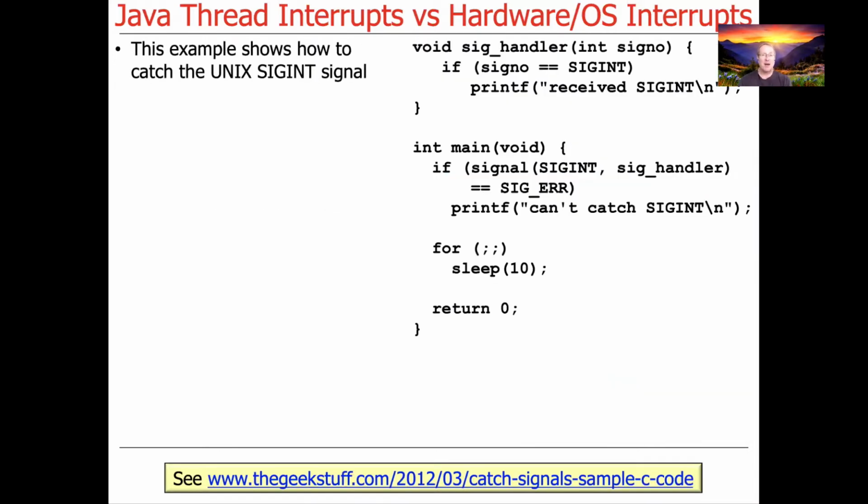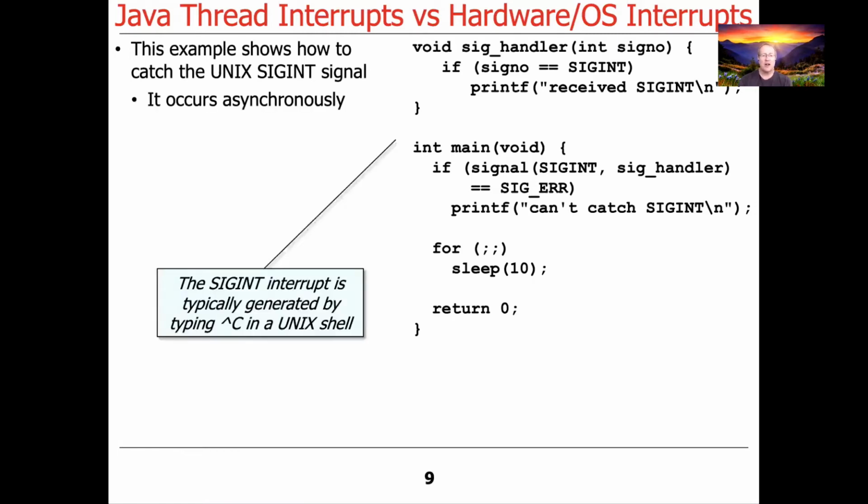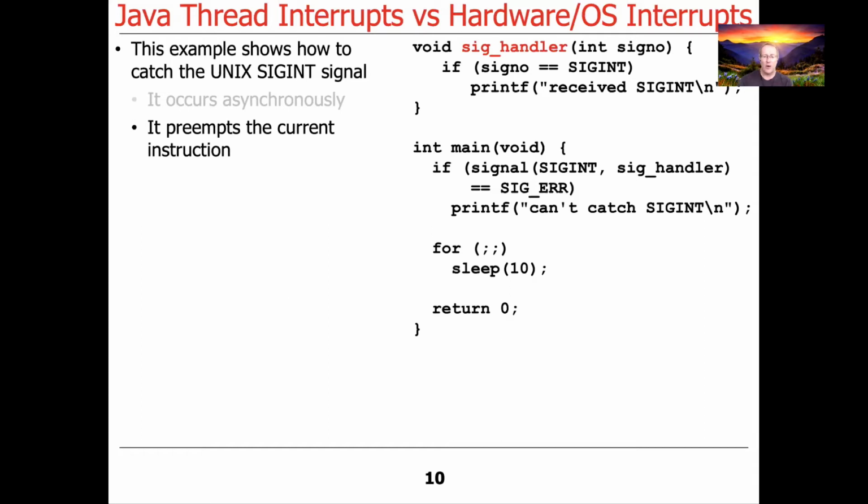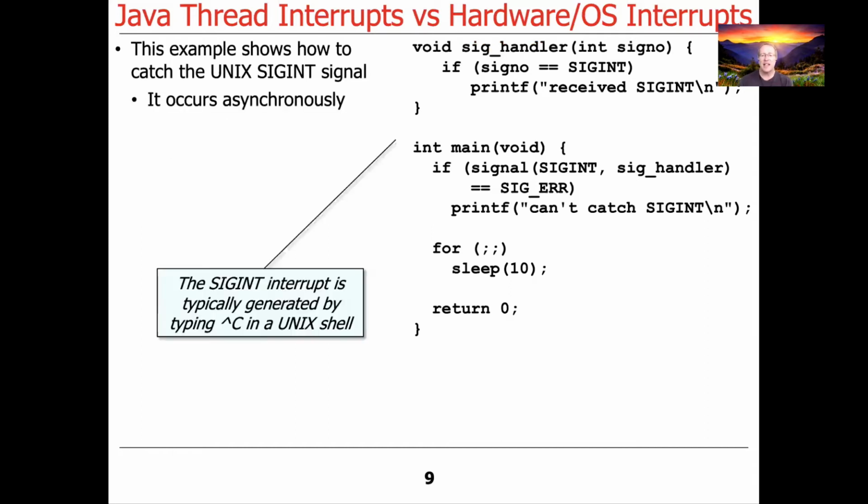Here's a very simple example that illustrates this. This is an example from Unix system programming and its handling of the SIGINT signal, which is the interrupt signal. SIGINT is generated asynchronously. This particular program registers the SIGINT signal, and then goes into a loop where it sleeps for 10 seconds, forever.